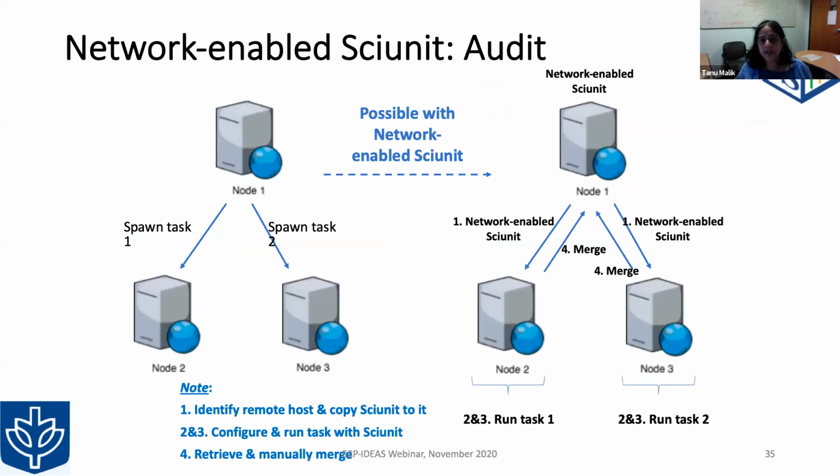Now, in high performance computing, we need network-enabled Sciunit. A network-enabled Sciunit traces the application on the leader node and each of the follower nodes, and it audits both content and messages, which are executed between the leader node and the follower nodes.